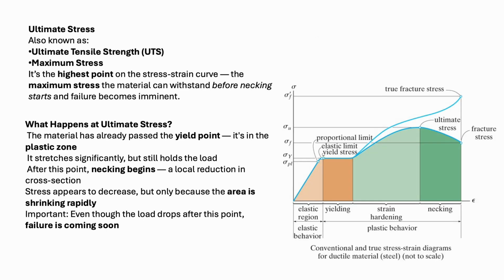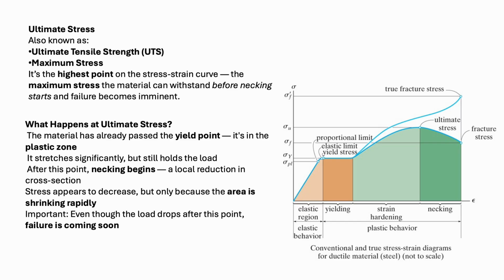You might go straight from elastic to fracture. Then we have ultimate stress, also known as ultimate tensile strength. That is the highest point on the stress-strain curve, the maximum stress the material can withstand before necking starts and failure becomes imminent. So what happens at ultimate stress? The material has already passed the yield point.